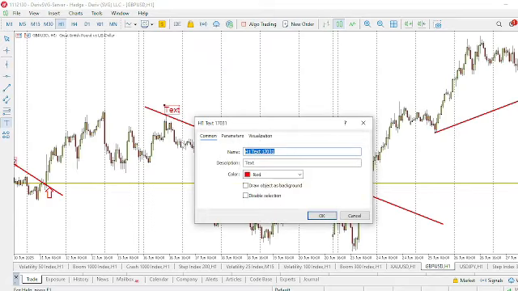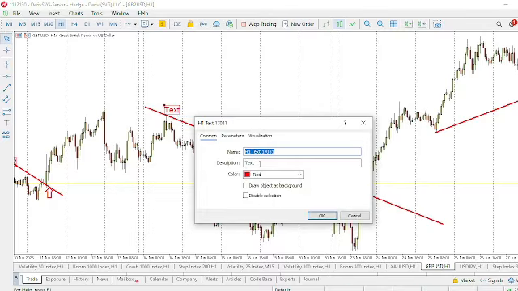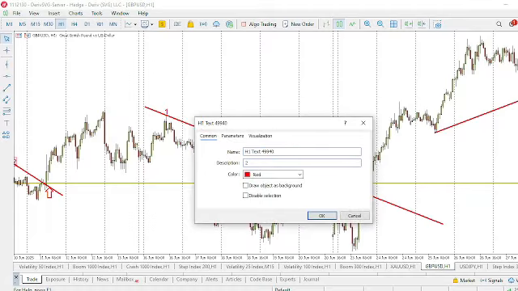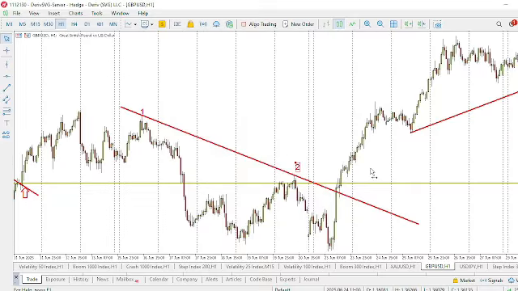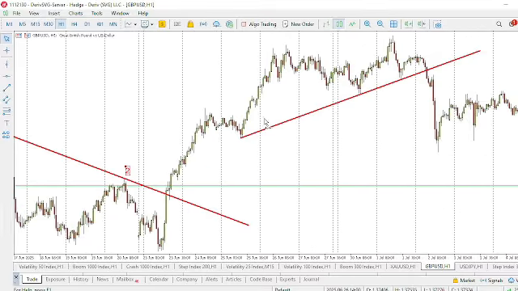I have my point 1 here, then I have my point 2 here, and then at the third touch, price broke through the trend line, and then you can see the massive movement to the upside.